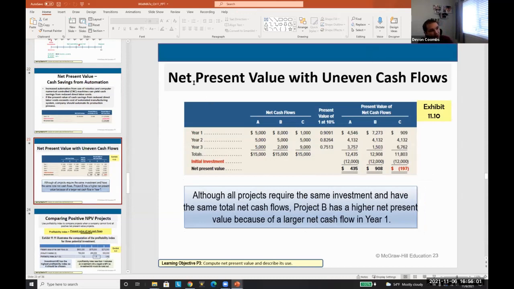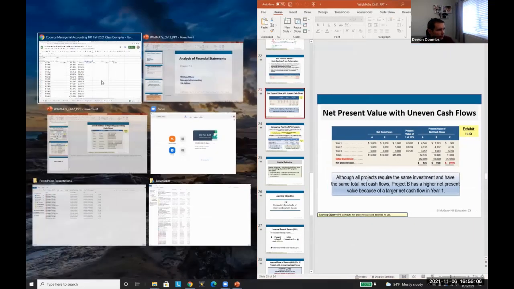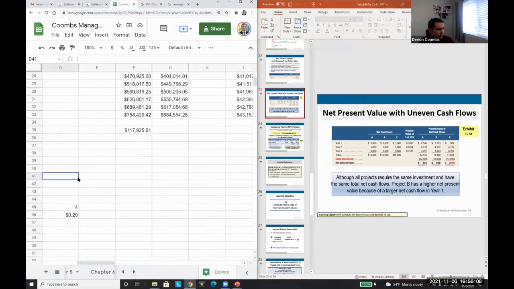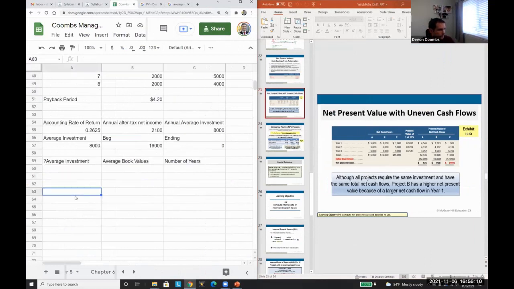And so if there are uneven cash flows, this is the example. I'll put this example into our workbook. Uneven cash flows. That's what I was trying to show you with the college versus buying a home versus investing.